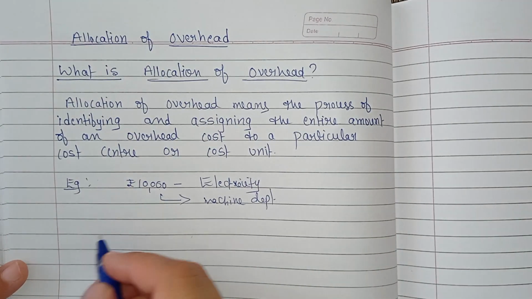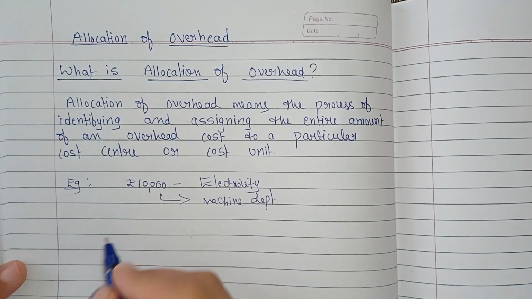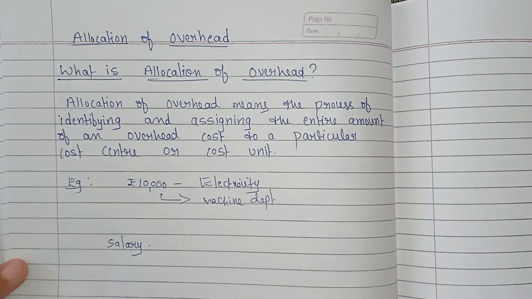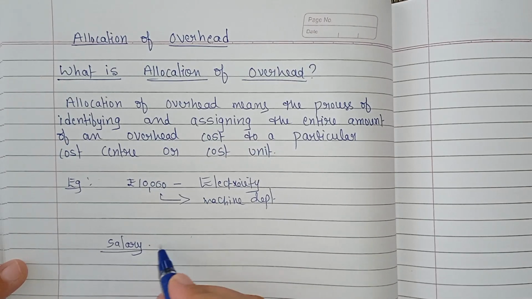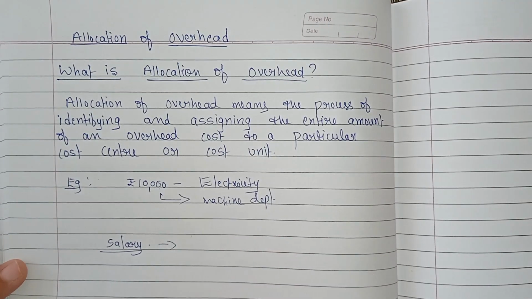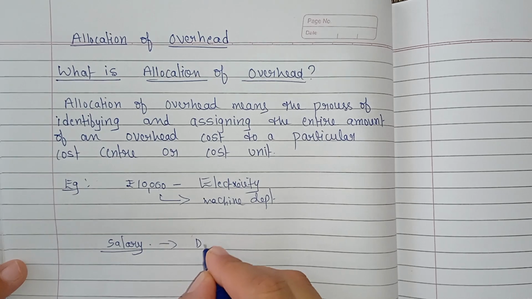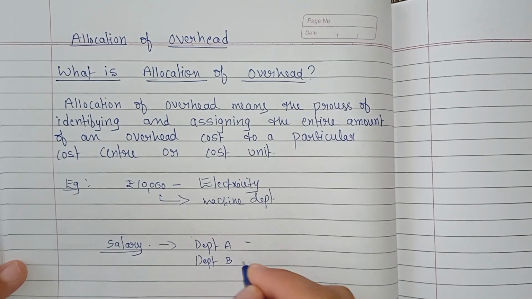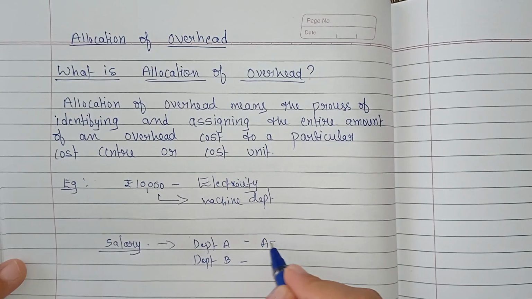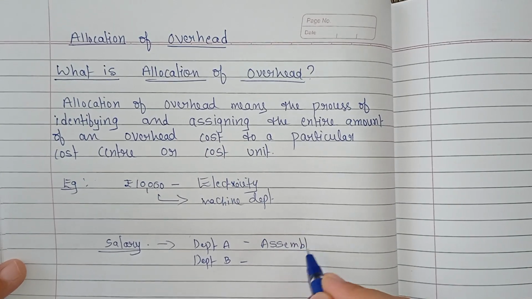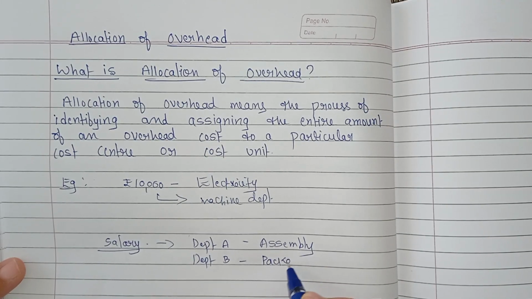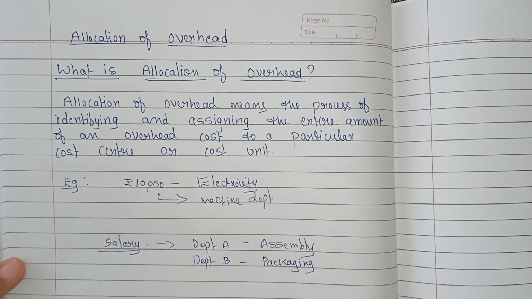See, salary. For example, allocation of a salary. Here salary is our overhead or expense. Clear? So let's say a company has two departments, department A and department B. Department A is related to assembly, and department B is related to packaging.